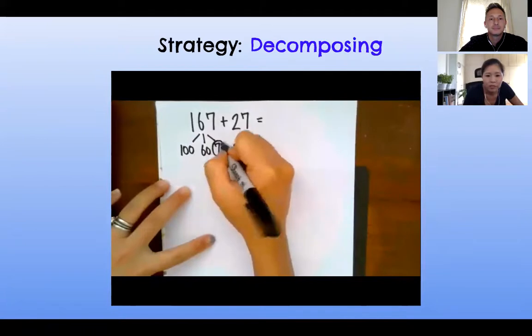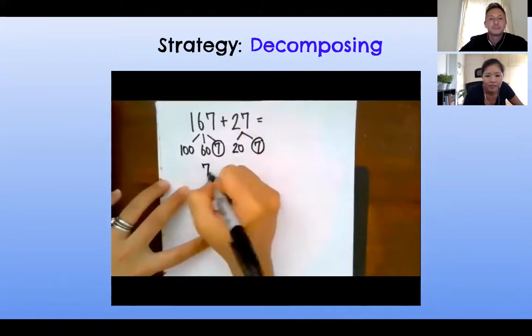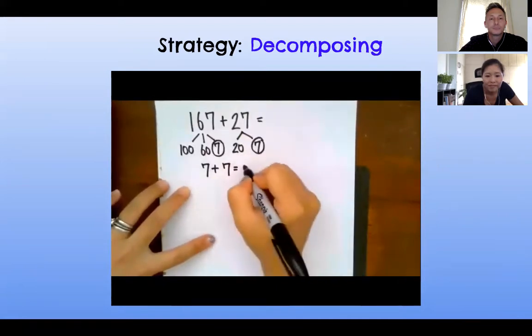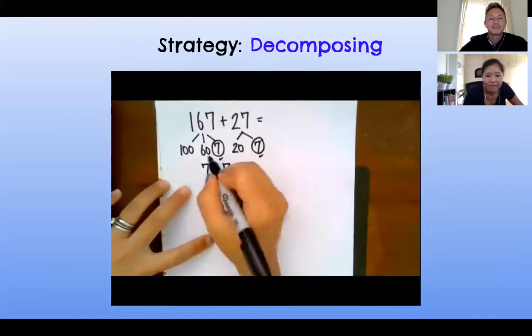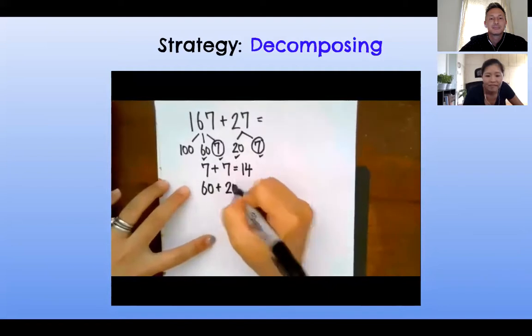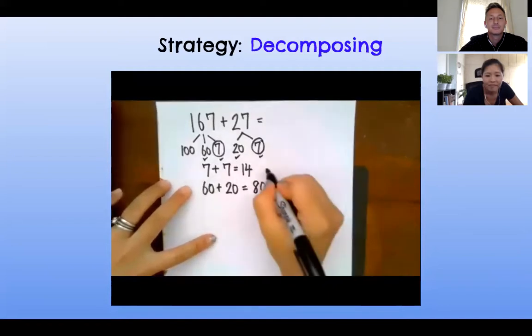I spot doubles. I'm going to add those first. I'm going to add 7 plus 7, and I know my doubles very well, and that's 14. Okay. Then I'm going to add my tens. So I'm going to add 60 plus 20. And I know that's 80.